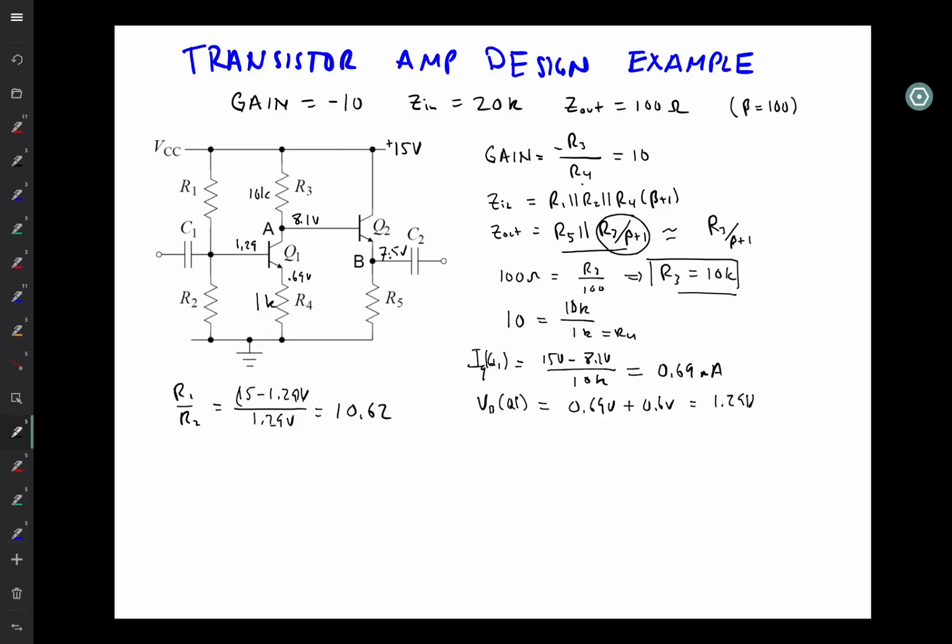Okay, so with that in mind, we need to determine what values of R1 and R2, along with the known value of R4, give us the desired input impedance.